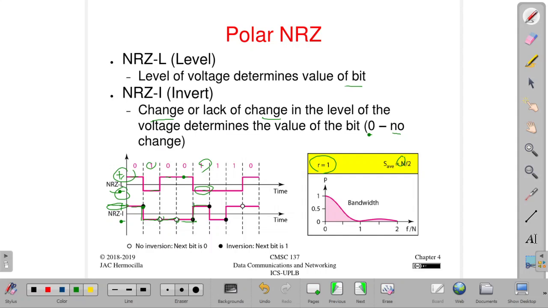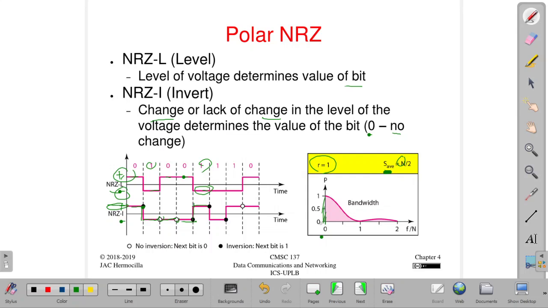Okay, so half of the bit rate is the signaling rate average, and this is the bandwidth for the signaling. So you will notice that there are some zero components in the bandwidth here for polar NRZ.